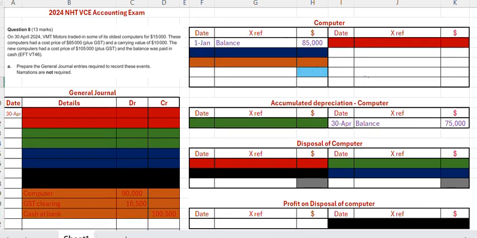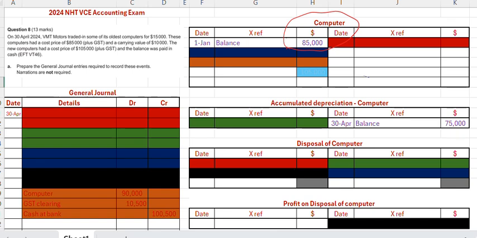Step one, in terms of recording a trade-in, needs to reflect the fact that this $85,000 asset is no longer controlled by the entity. So we're going to need to credit this account, and that's going to trigger the need to record and transfer this value in our temporary account, the disposal of computer.